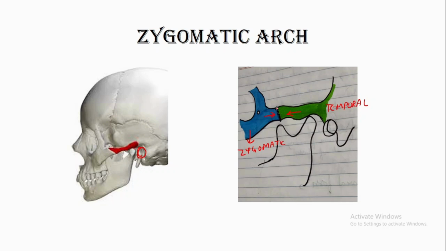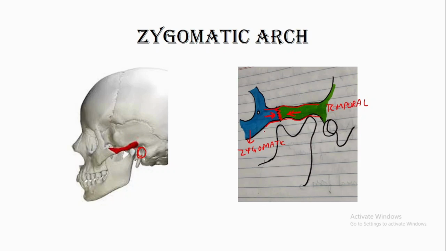The anterior 1/3 of the zygomatic arch is formed by the temporal process of zygomatic bone, and the posterior 2/3 is formed by the zygomatic process of temporal bone. In between, there is a suture called the zygomatico-temporal suture. It runs downwards and backwards.